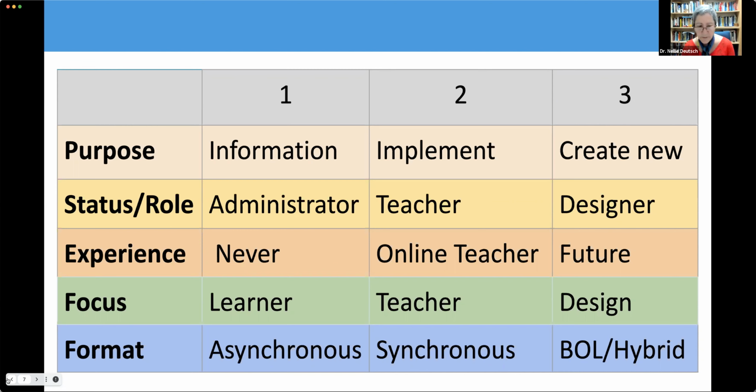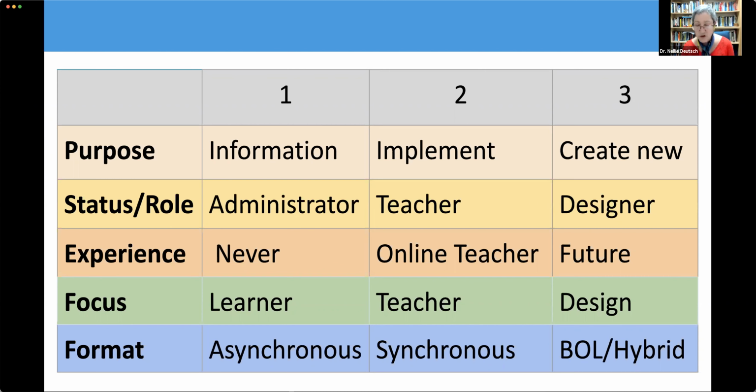For example, if you're an administrator, you might be interested in what's happening, but you don't actually teach. When you're a head of a department, you probably teach as well, but some administrators do not teach, and they're interested in knowing and evaluating online courses for various reasons.